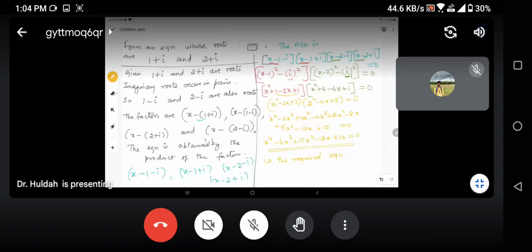All right. Did all of you understand? Pancras, clear? Yes, ma'am. Okay, the calculations are right. Thank you. That is it, children. So we have completed this topic also of forming equations when the imaginary roots and irrational roots are given. If you don't understand anything, you can ask me. Arunika?